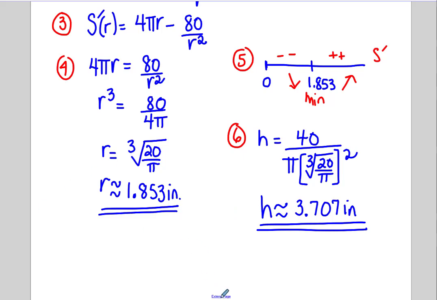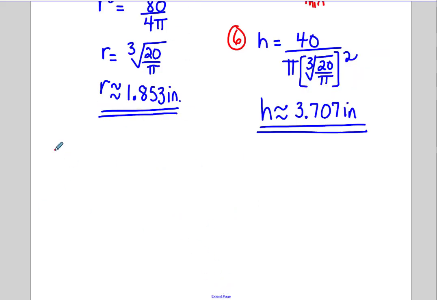So now we can answer the question in a sentence. We know that the soda can measures, we can either say the approximate or the exact.